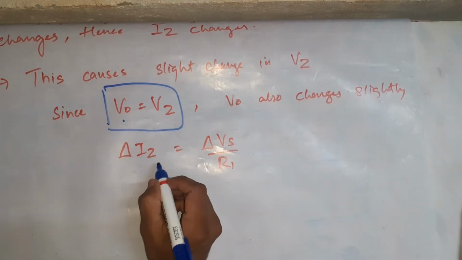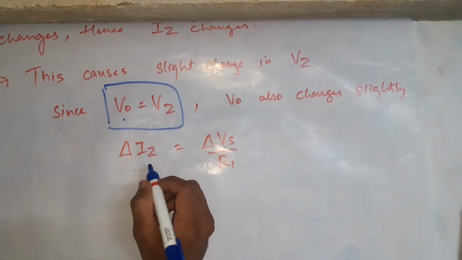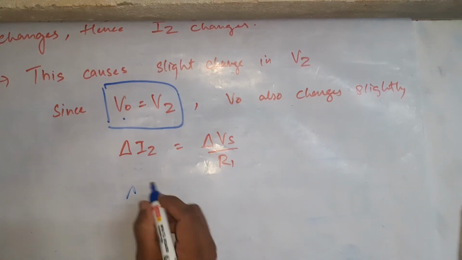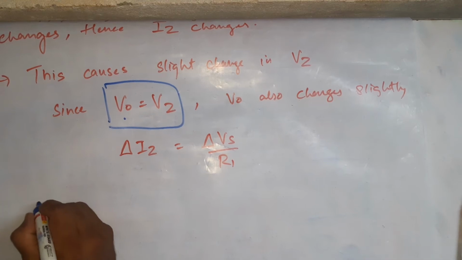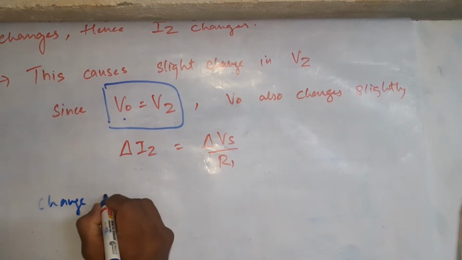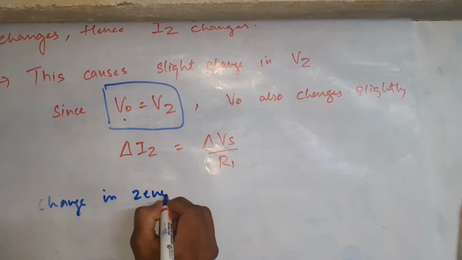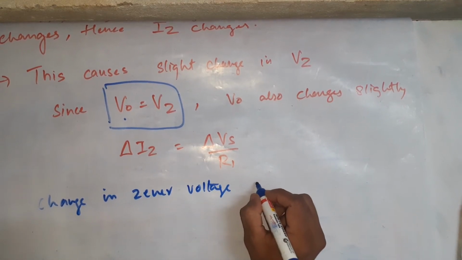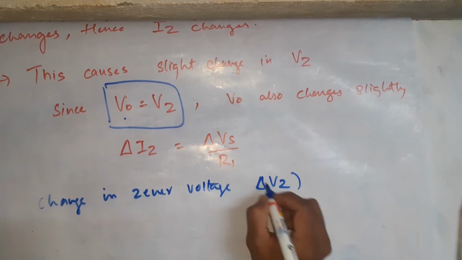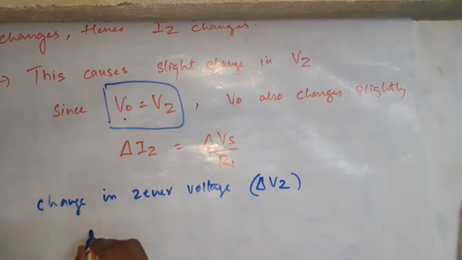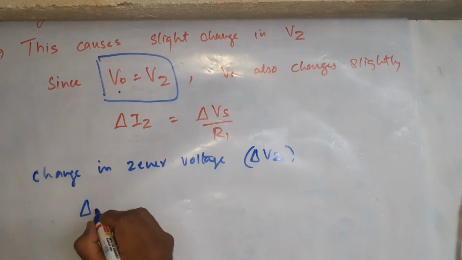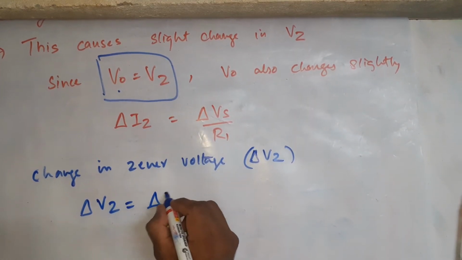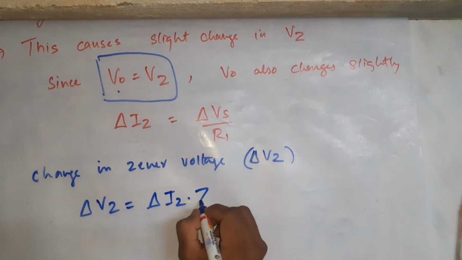If this is your change in Iz, then the change in Zener voltage is given as, I will write this, change in Vz equal to change in Iz into Zz.